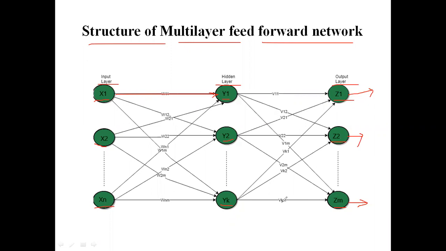Why do we call this network a feed-forward network? If you observe this network, each and every link is directed towards the forward side only, not towards backward. The head of each and every link or edge points forward, towards the right side only.